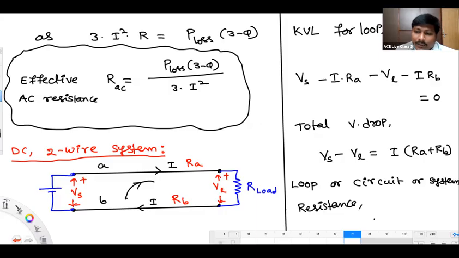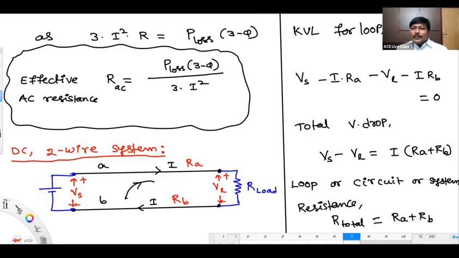You can name it as R total is equal to Ra plus Rb. Loop resistance, or circuit resistance, or system resistance. It will be Ra plus Rb.